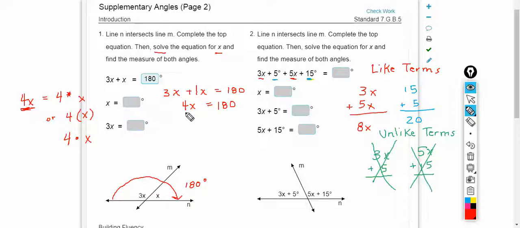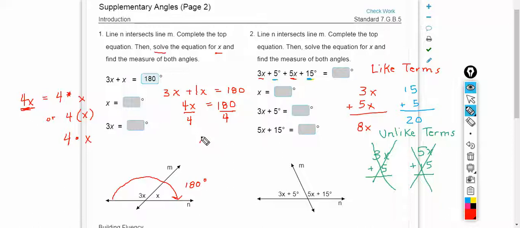So to undo the 4 from the x, we have to apply the opposite operation, which is division. We have to reverse the multiplication to get the 4 away from the x, to isolate it. So we're going to use division.